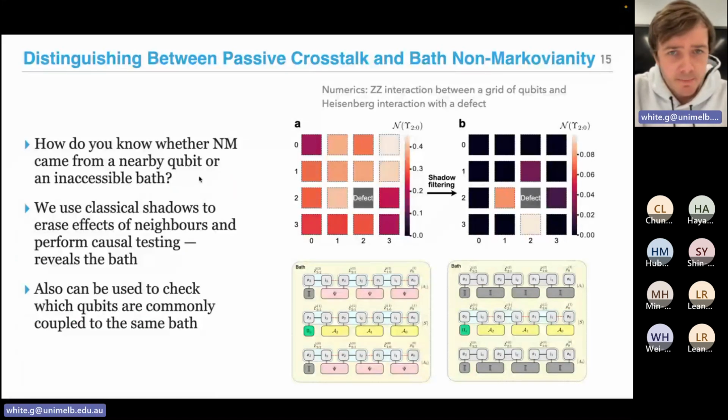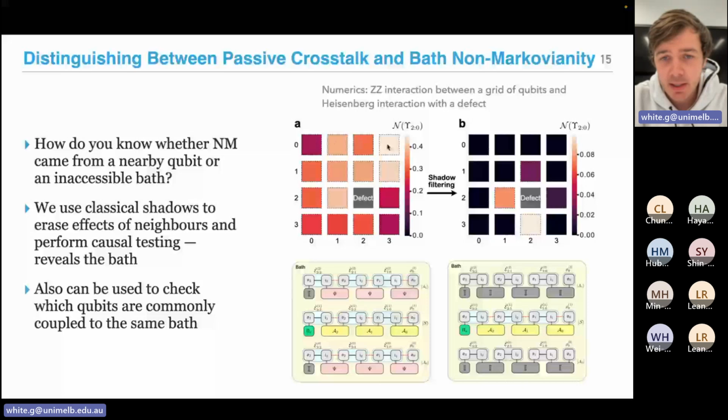So this is showcasing this idea in action, purely numerically. Imagine we have a grid of qubits, and I'm going to say that each qubit interacts with its neighbors via a ZZ interaction. This is quite common, for example, in transmon qubits. And there's a defect in the environment with which the qubits also interact.